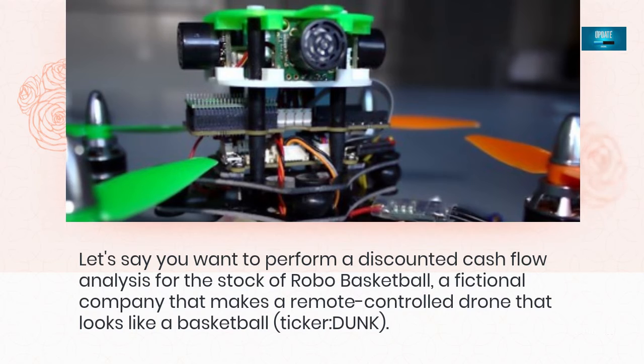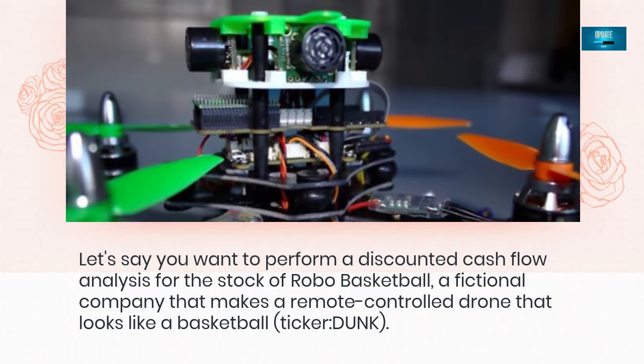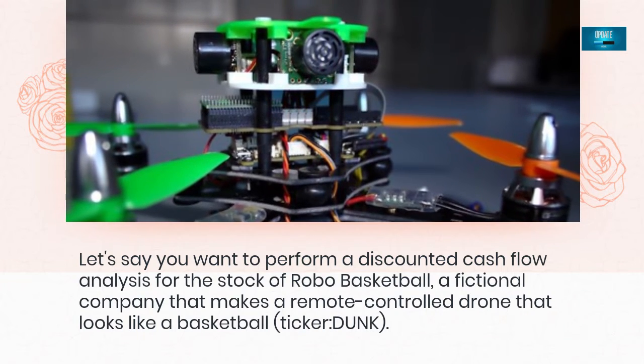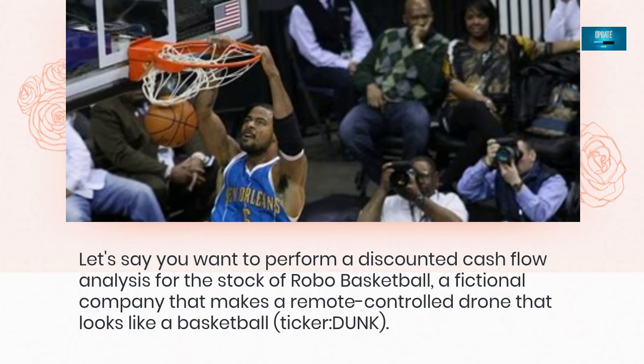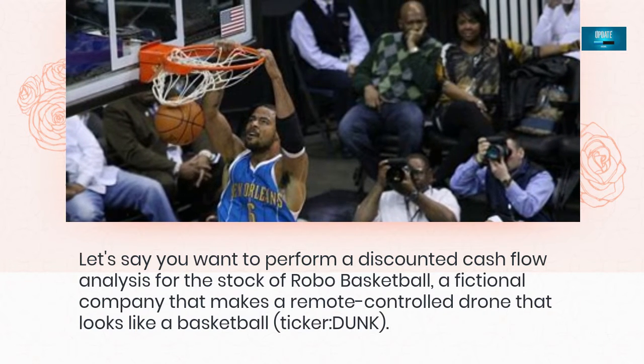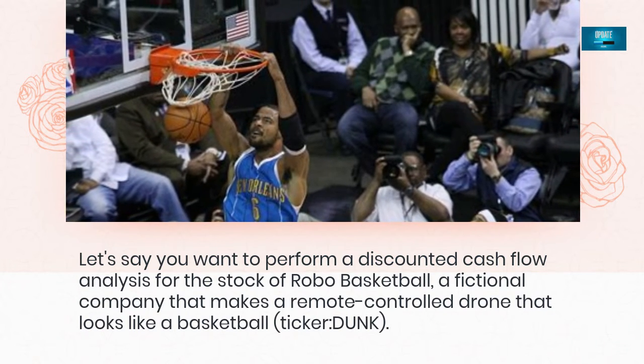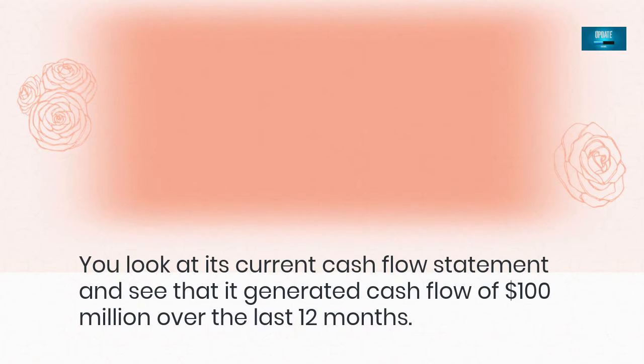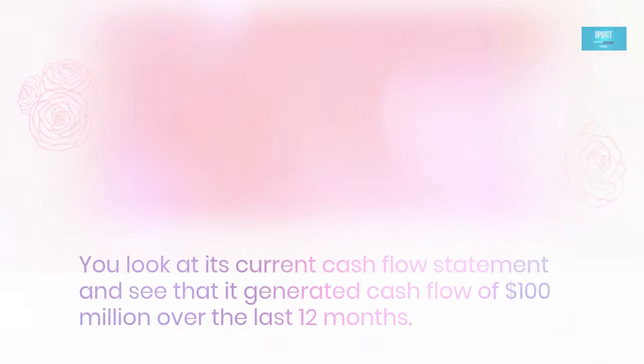Let's say you want to perform a discounted cash flow analysis for the stock of Robo Basketball, a fictional company that makes a remote-controlled drone that looks like a basketball, ticker Dunk. You look at its current cash flow statement and see that it generated cash flow of $100 million over the last 12 months.